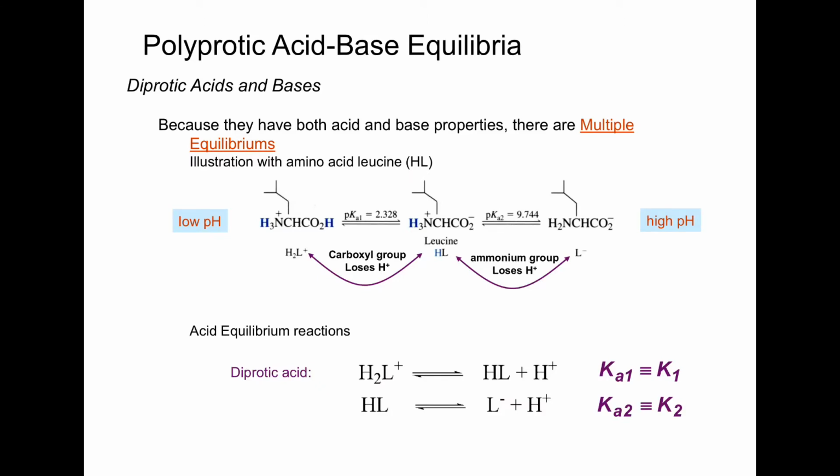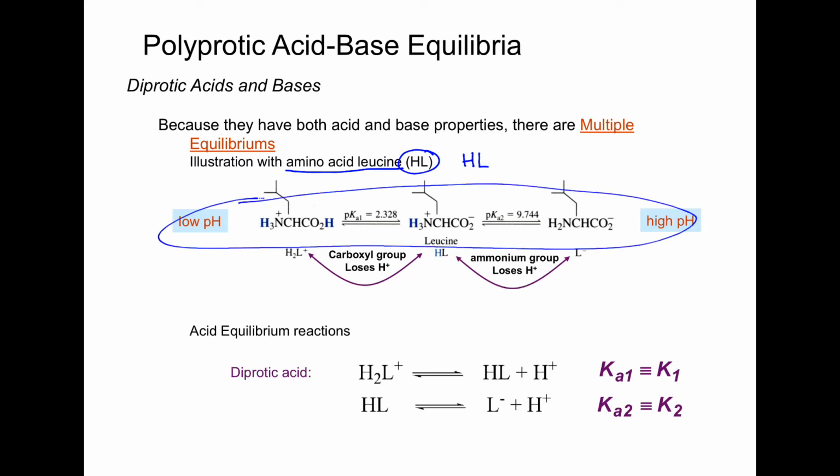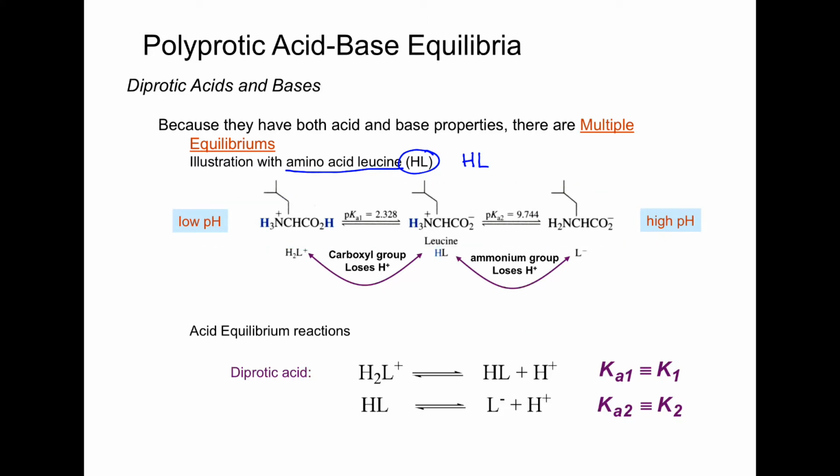Now we're going to use an example of the amino acid leucine, and we're going to abbreviate that HL. And that HL stands for a hydrogen ion on the basic form of the leucine. And what we can see here in this schematic is basically what we were talking about in the slide before. At low pHs, so that's where there's a lot of hydrogen ions, the ammonium group and the carboxyl group are both protonated.